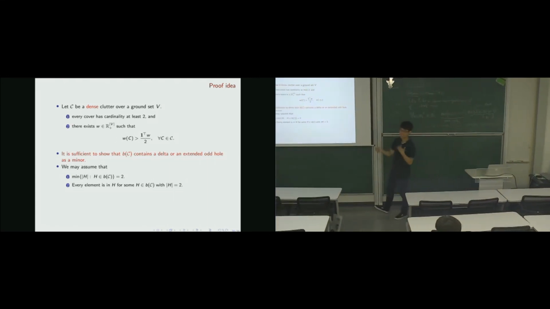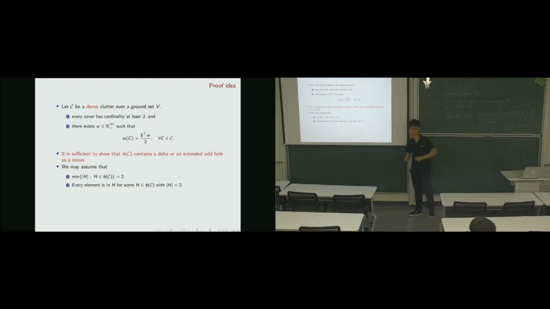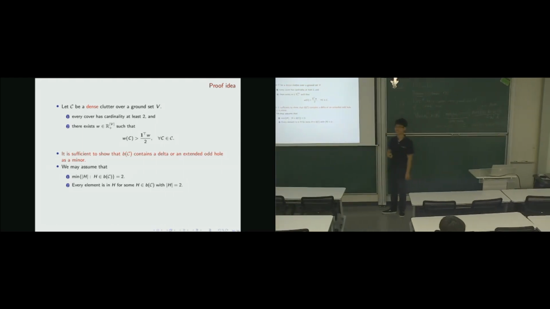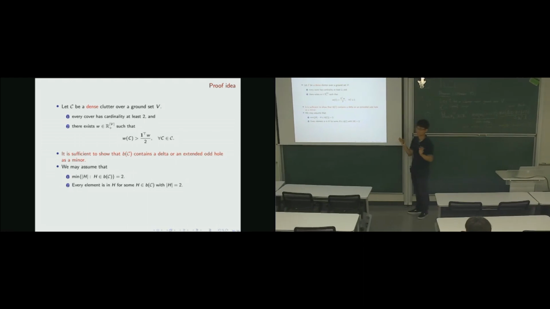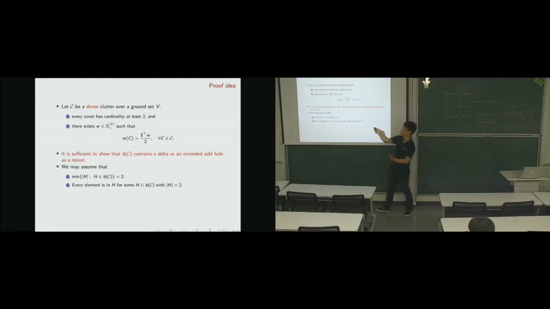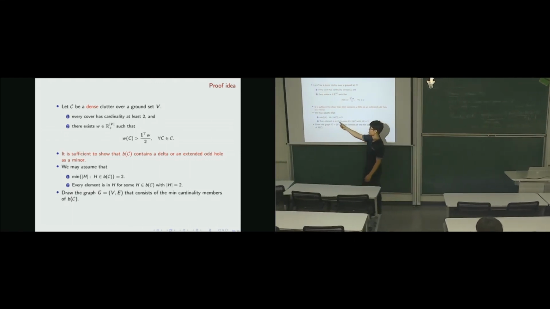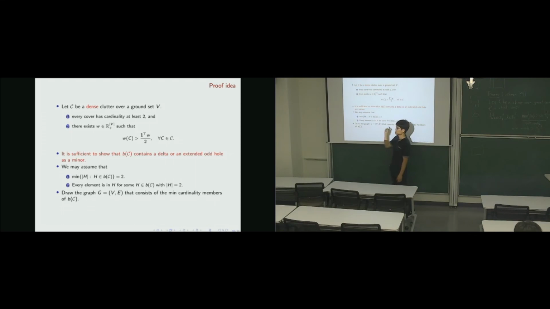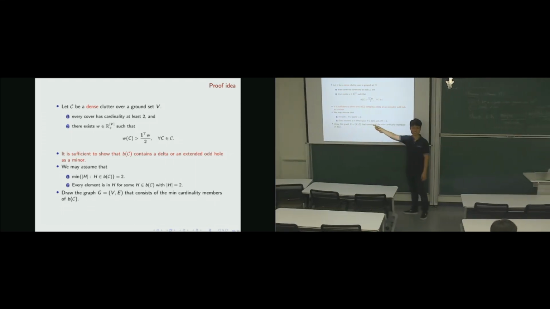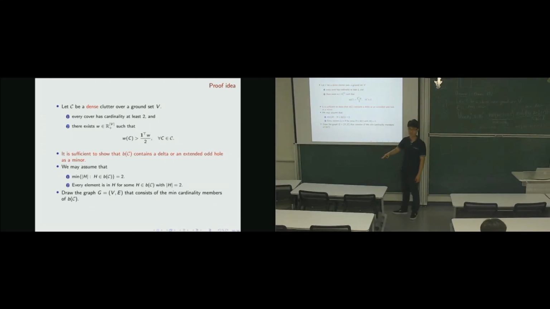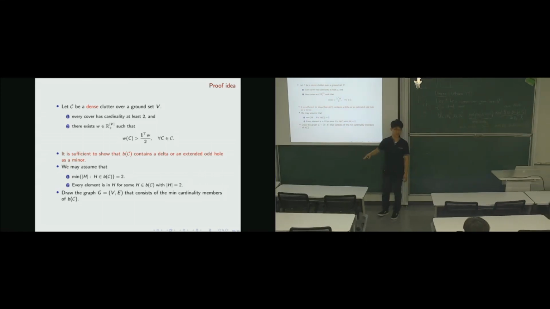That can be done by deleting some columns and contracting some columns without losing the desired property, without losing the density of the clutter. And because the minimum cardinality of a cover is 2, I can collect the cardinality 2 covers, and I can draw the graph.